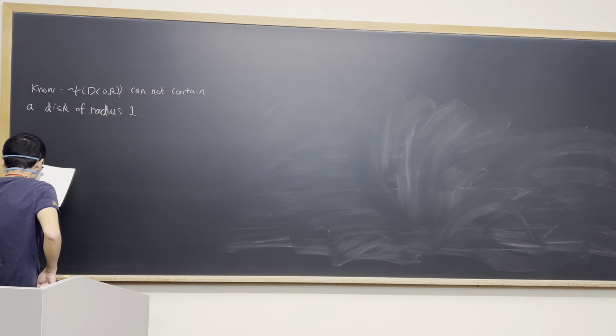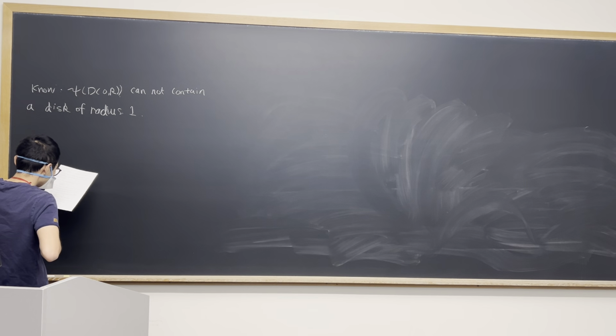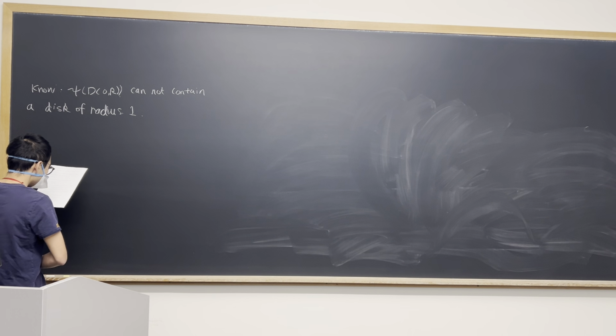So why can the image of D under this F not contain a disk of radius 1 over theta r?